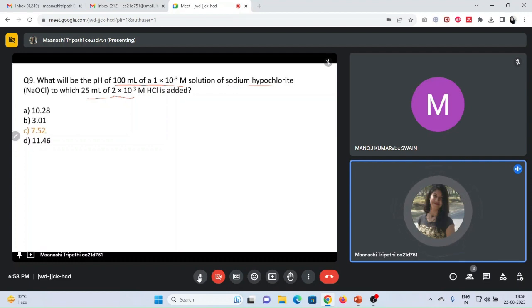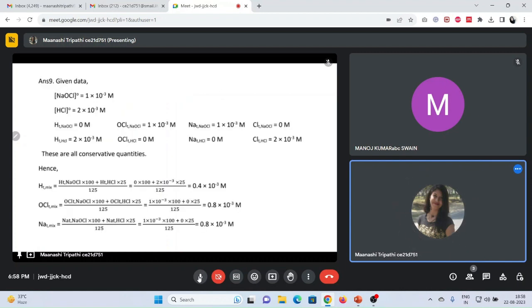So the solution is 7.52. How is this pH coming? We'll see. Sodium hypochlorite is 10^-3 and HCl is 2 × 10^-4. Now we need to calculate the total NaOCl, and this can be framed in the form of species and components, as we were doing earlier.